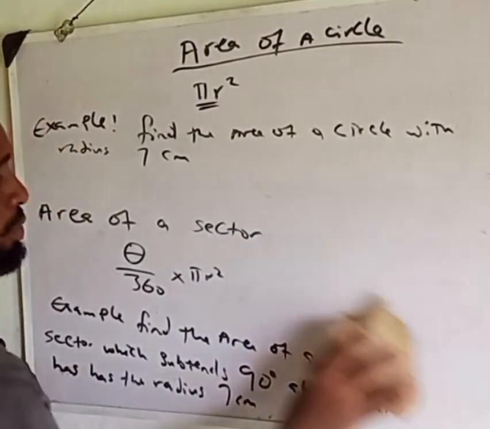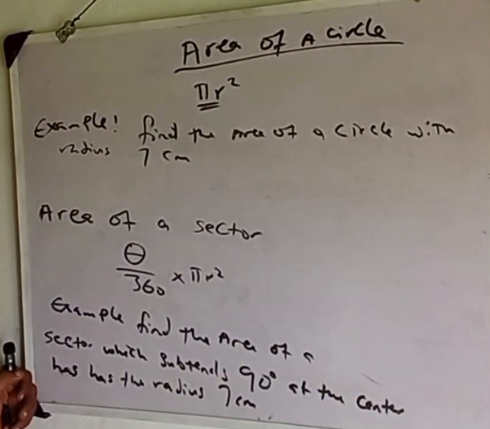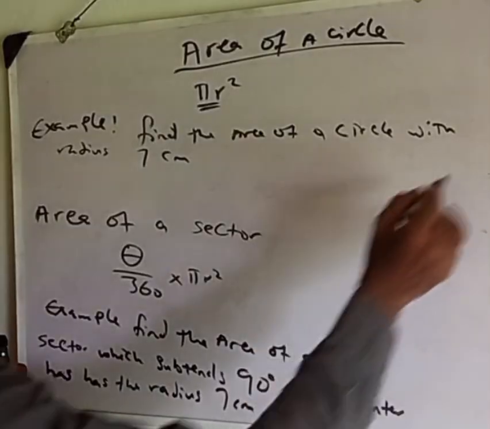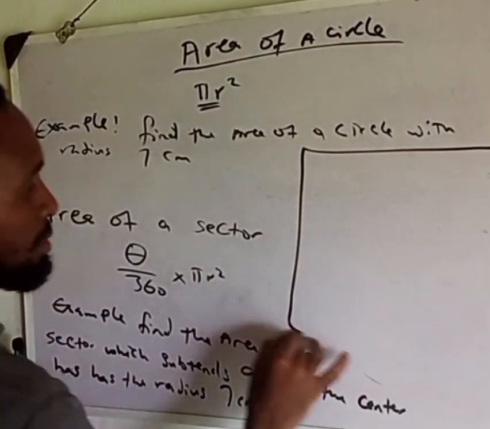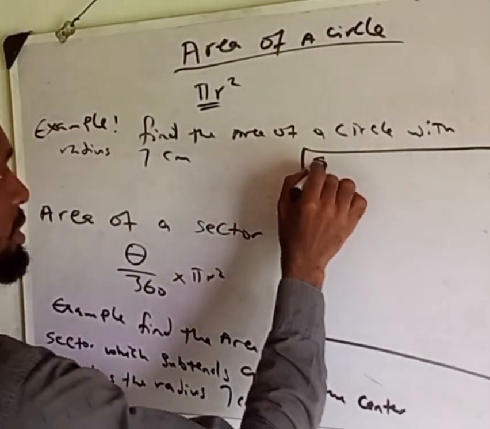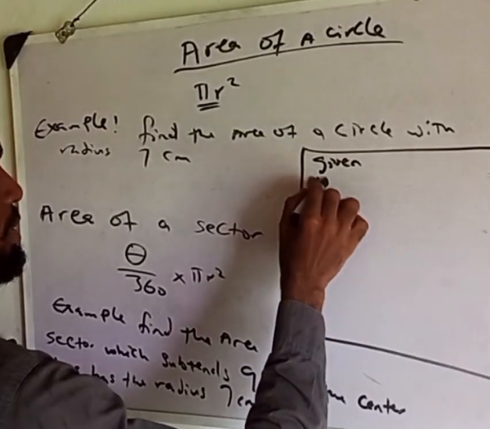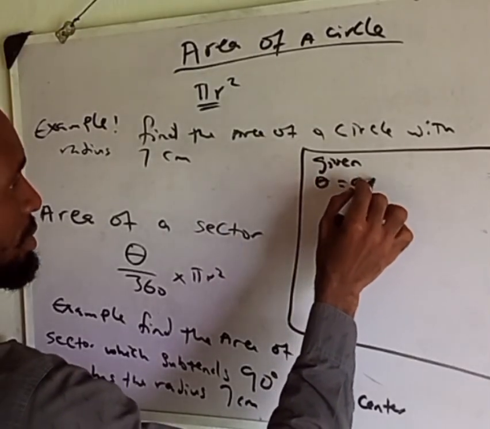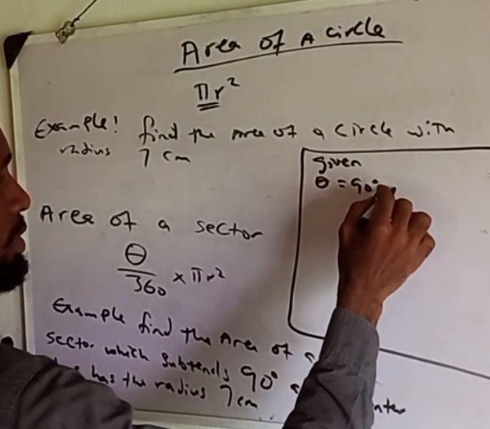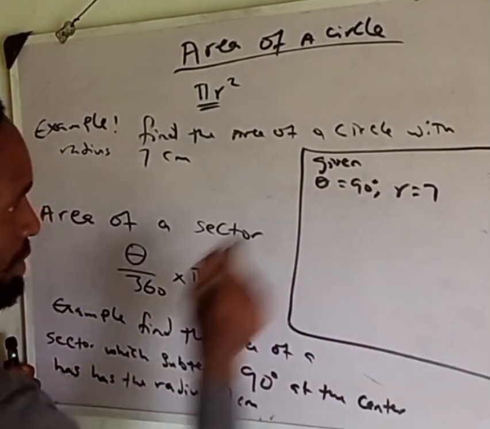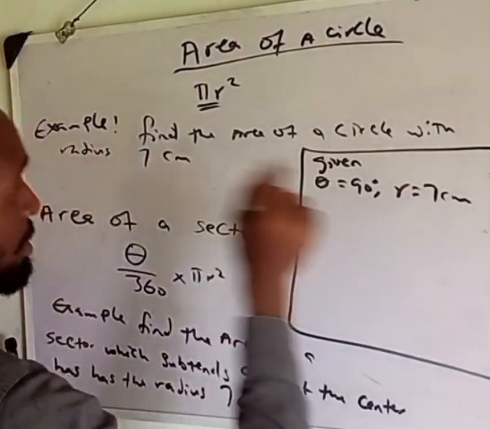I'm going to solve it somewhere within this center. Let me just bring out a space to solve it. So we are given that theta is equal to 90 degrees, right? R is equal to 7 cm.